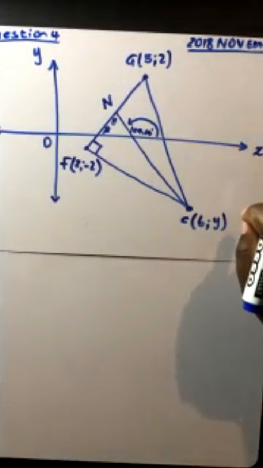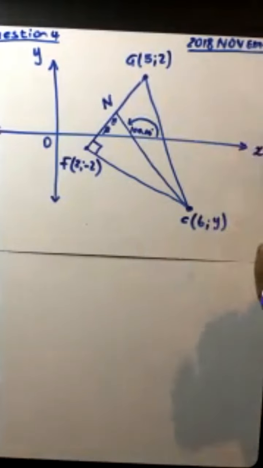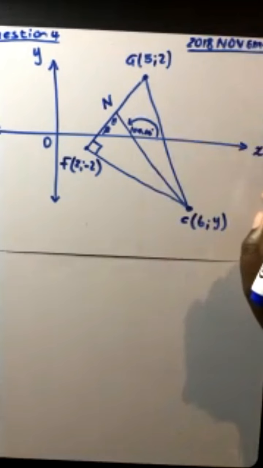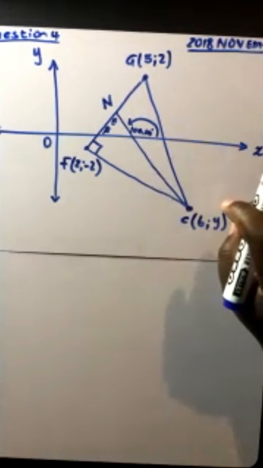Can someone just give me an indication if there's a need to explain this diagram again? Guys, did you get my question?